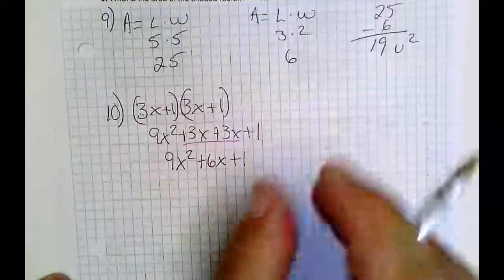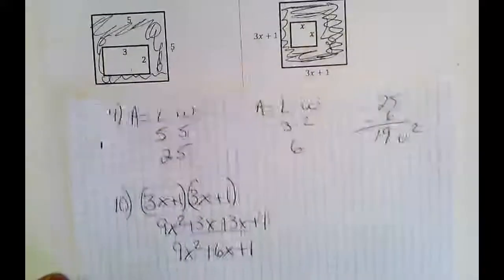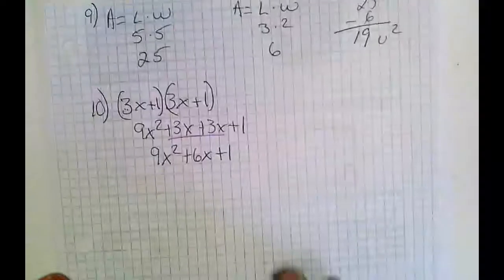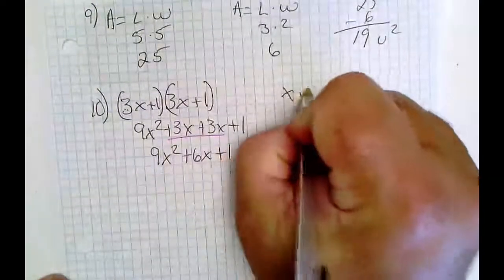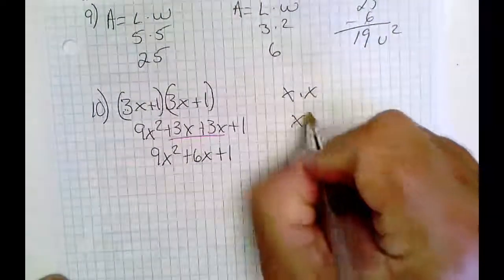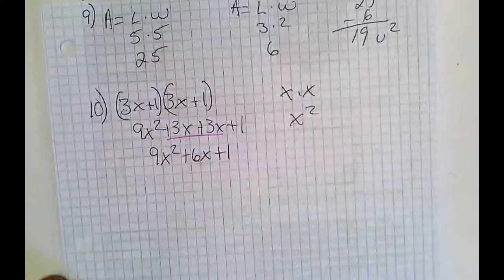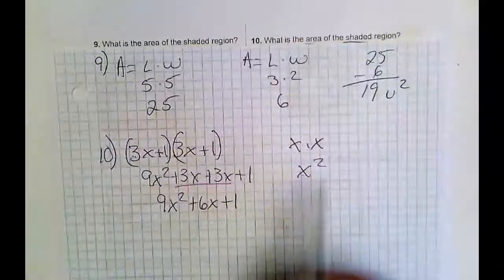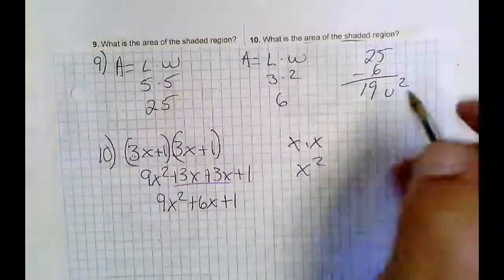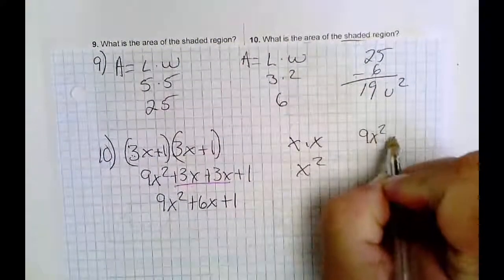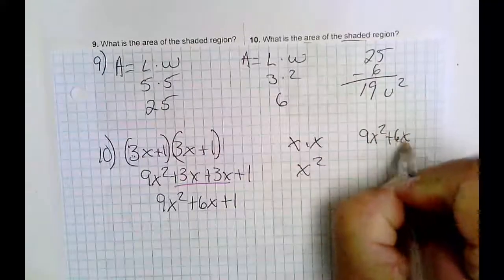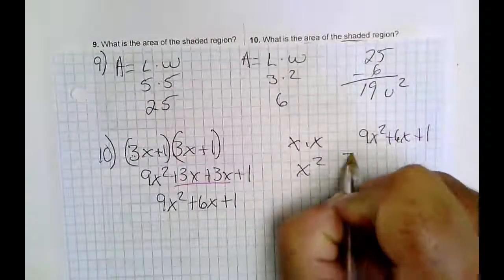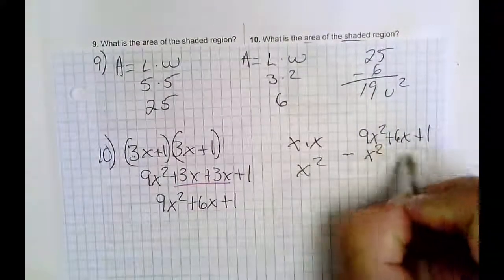Now let's do area of the little box. Well, the little box is x times x. Okay, that's pretty simple, right? X times x. Well, what is that? That is x squared. So, remember, what did I do up here? I subtracted. So what am I going to do down here? I'm going to subtract 9x squared plus 6x plus 1 minus an x squared.